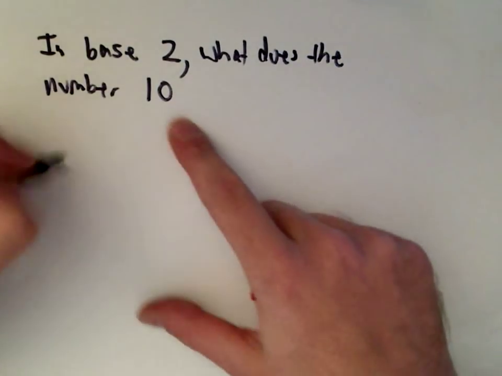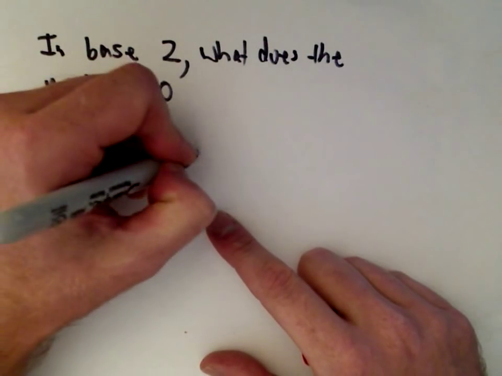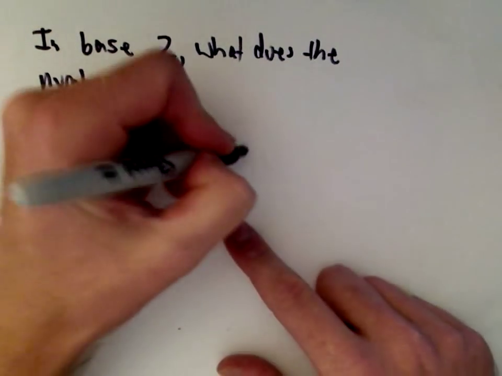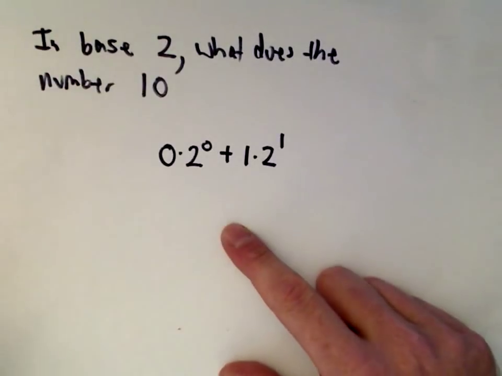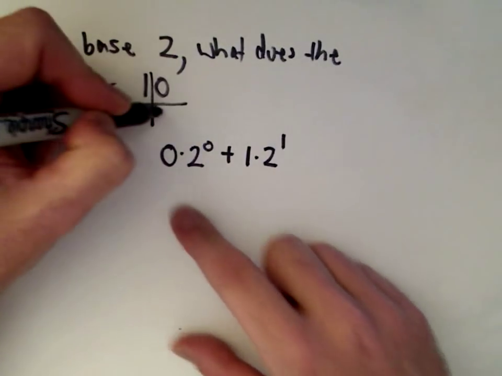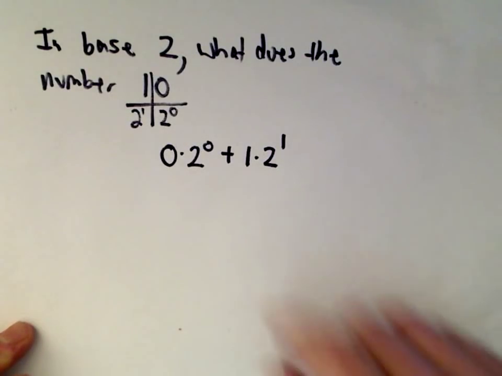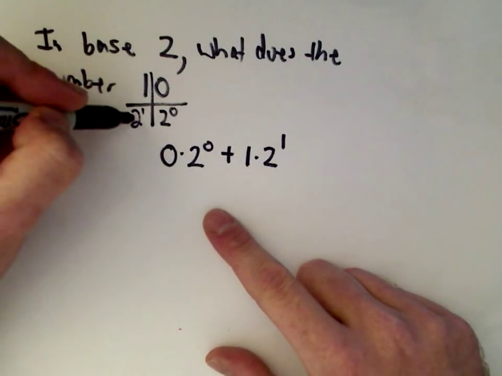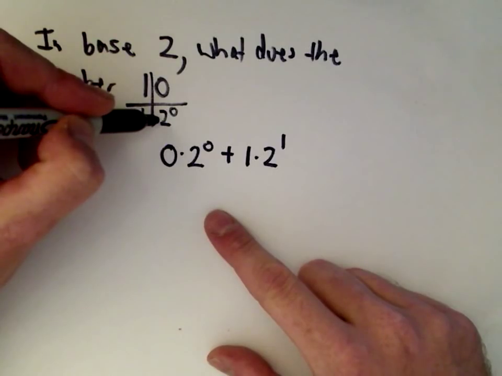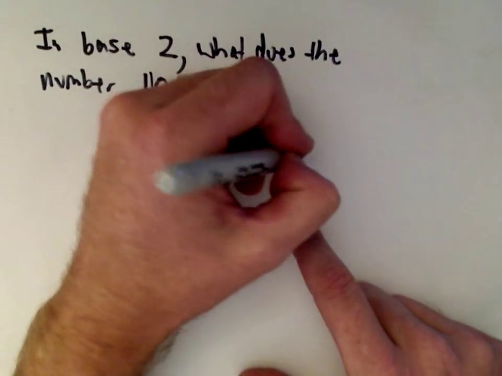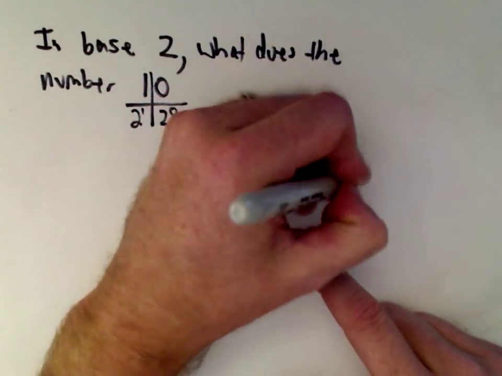Well, again, if we think about it, that means we have 0 times 2 to the 0 power, plus we have 1 times 2 to the 1st power. So again, if you think about making our columns, this is the 2 to the 0 power, 2 to the 1st power. So it says we have 1 of the 2 to the 1st powers, 0 of the 2 to the 0 powers. Well, we get 0 plus 2 gives us the number 2.